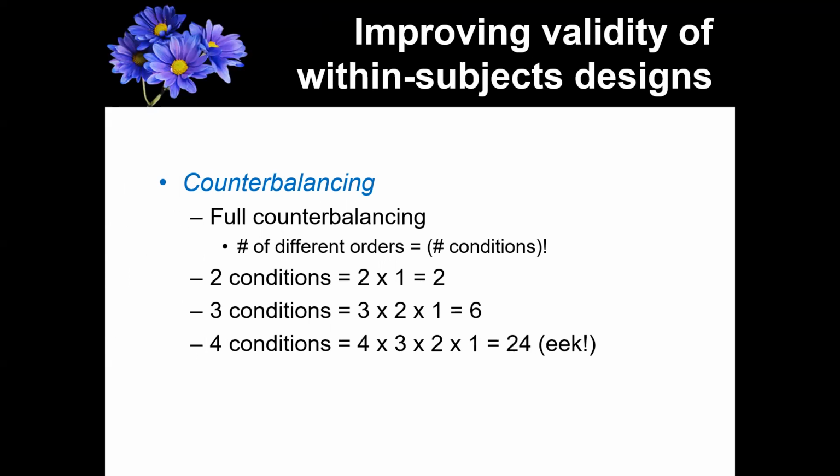However, sometimes it's not really worth doing full counterbalancing. Sometimes it's better to use what's called a Latin square design that we'll get to next. For example, if you have four conditions, then you end up with 24 different versions, which, who wants to bother with that, right? Who wants to write 24 different programs for an experiment? That seems a bit excessive.